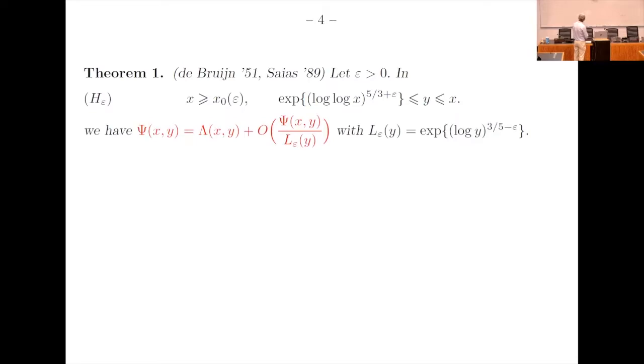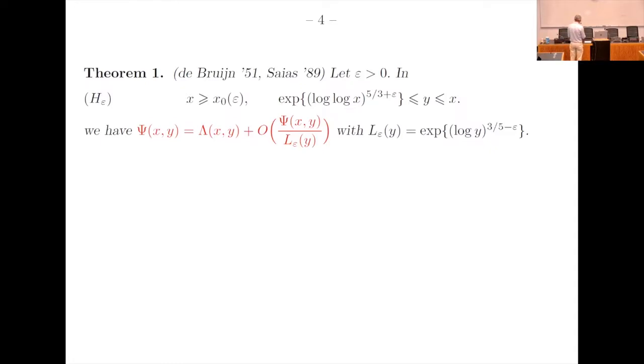So lambda of xy was first discovered by de Bruijn, but the final result is due to Eric Saias, who was a PhD student of Gérald Tenenbaum.